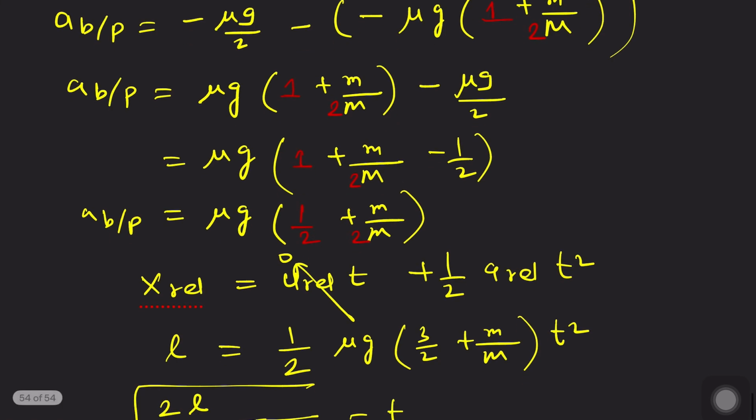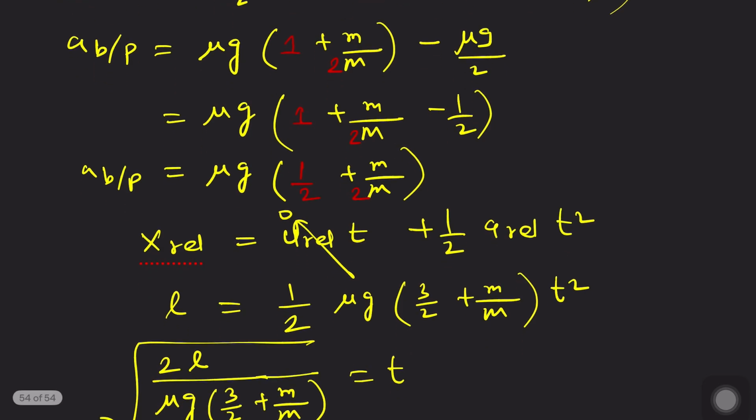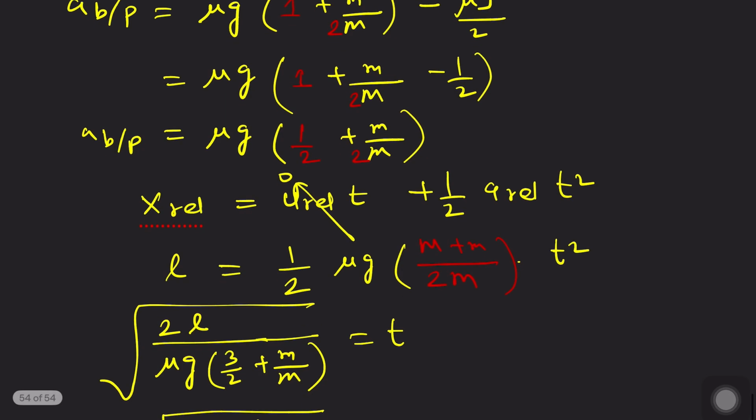Now if we take the LCM, here the last step, let me correct this. It will become mu g if we take common, so it will become 2m, and this will become m plus small m.